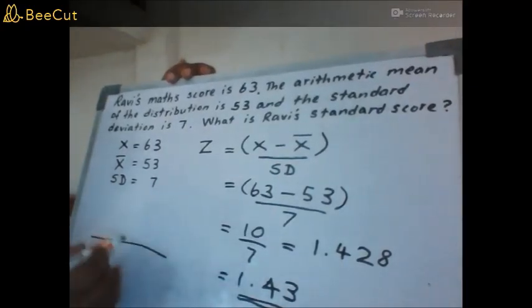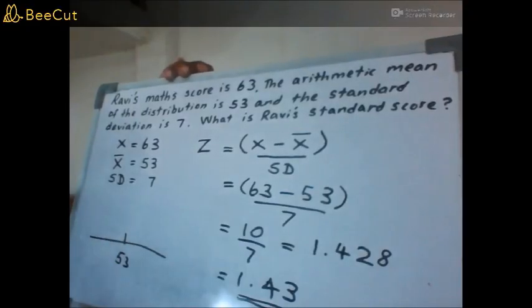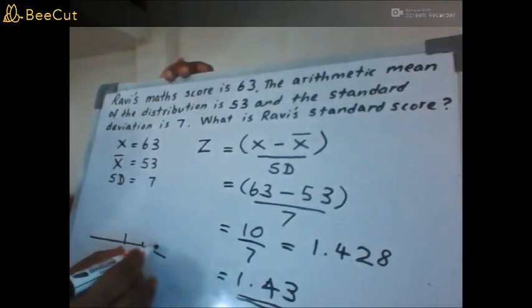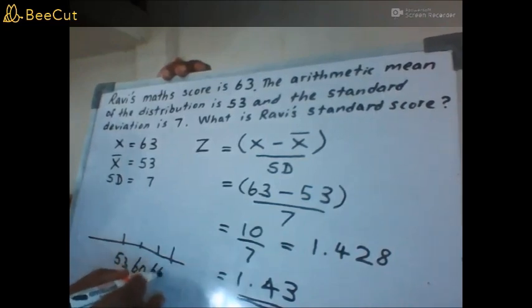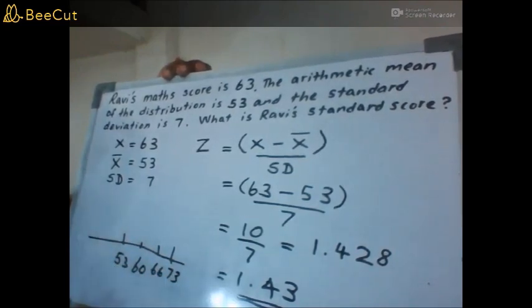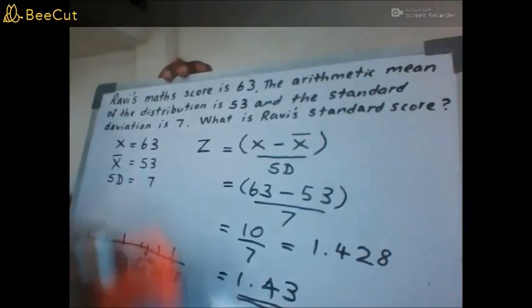Here the mean is 53 and the standard deviation is 7, so the values are 53, then 60, 67, 74. Ravi's mark of 63 is somewhere here, so his standard score is 1.43.